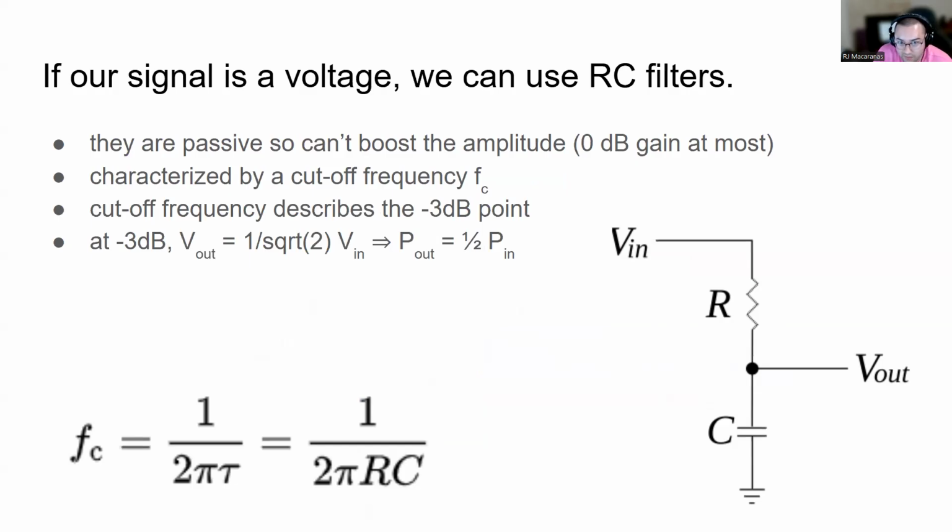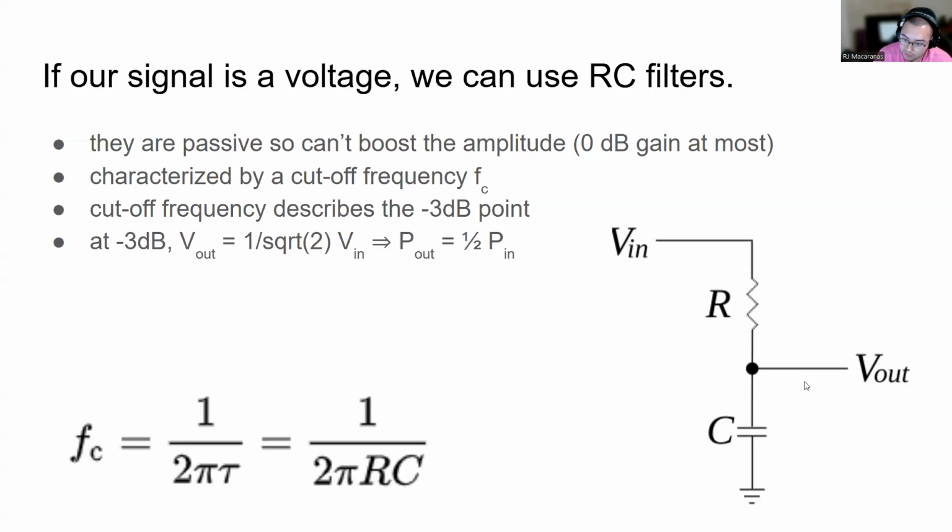So if our signal is a voltage, we can use what's called an RC filter. These are passive in the sense that they can't boost the amplitude of the voltage going in, right? So I've got V in, and over time, this capacitor will charge up in order to match V in.